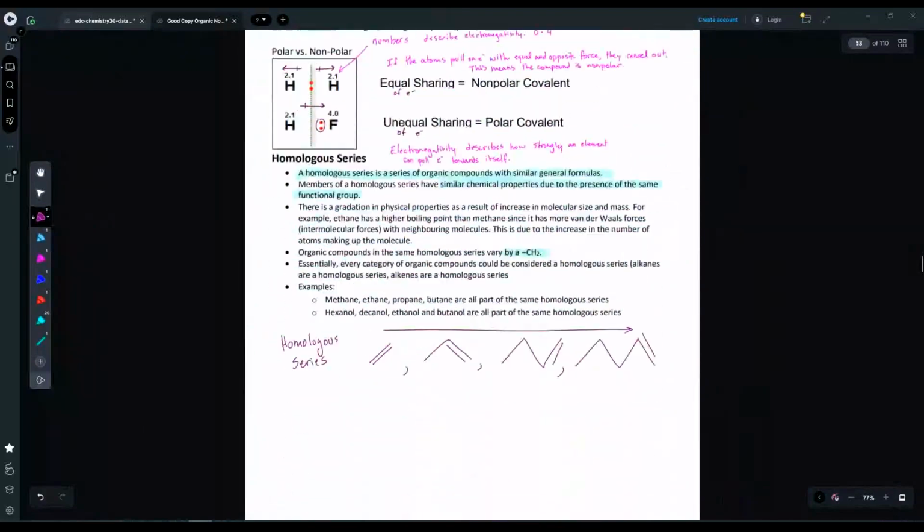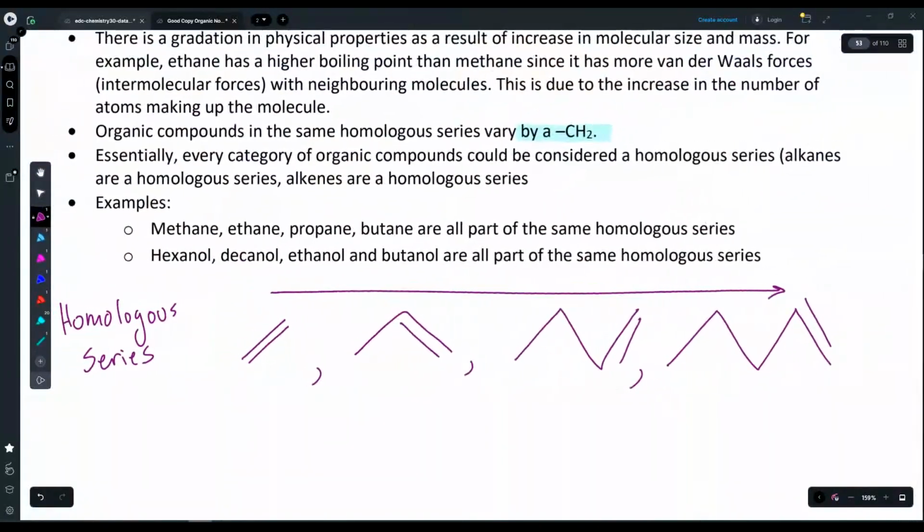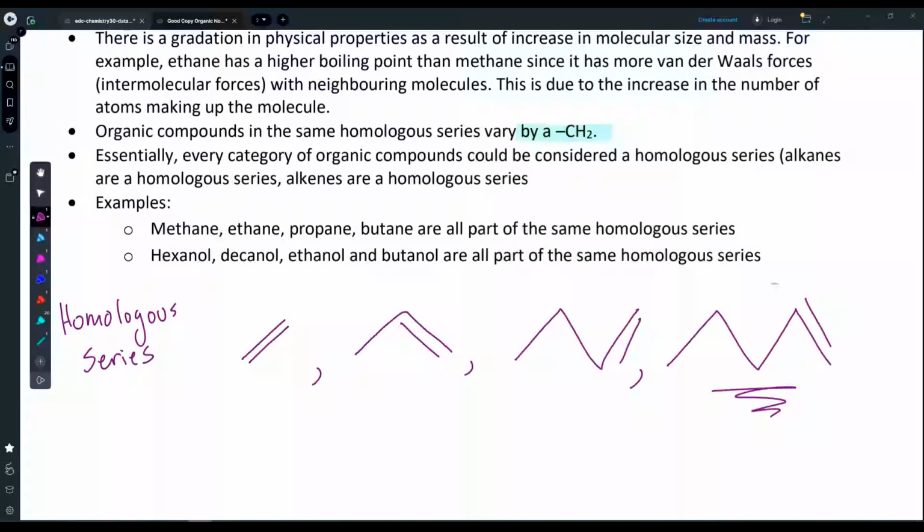So essentially what would happen here is we could say that this compound here, because it has more London forces, we would expect it to have a higher boiling point than ethene over here. So I'm just going to abbreviate boiling point to BP, lower boiling point.